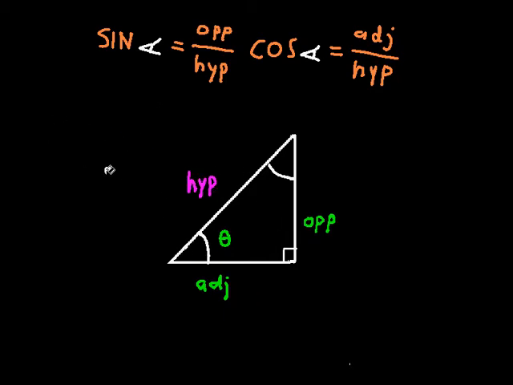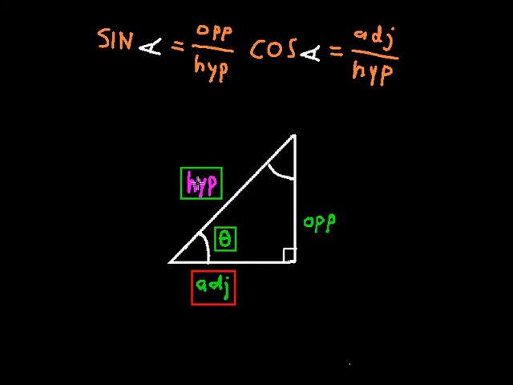Okay, so for example, if I knew what the hypotenuse was, the length of the hypotenuse, and I knew the angle, okay, and I wanted to find the length of the adjacent, I need to select the right equation.